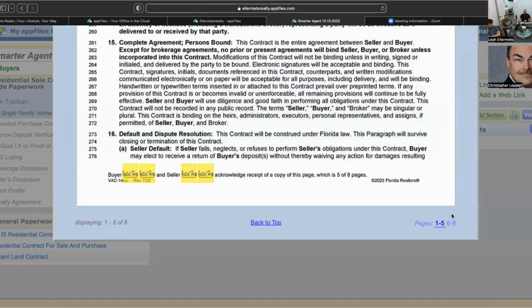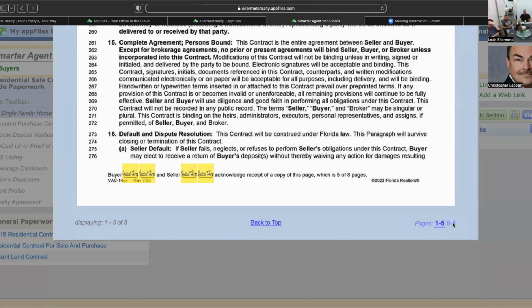Default resolution. Now we're getting into the same kind of things in every contract, but seller default. If the seller fails to do their job, then the buyer gets their money back. And yet they can also sue them for forced performance.